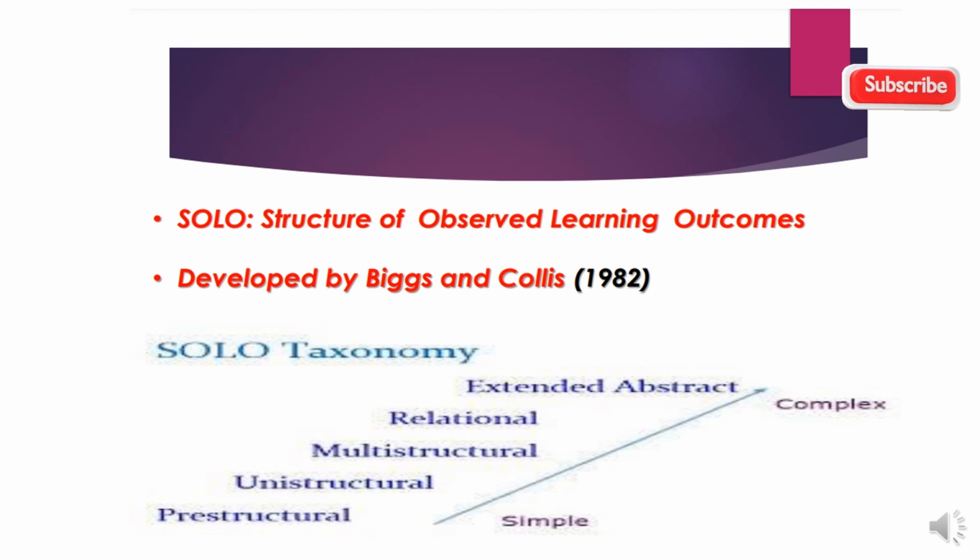In the SOLO taxonomy, the first step is pre-structural, the next step is unistructural, the next is multistructural, and the next is relational. The last one is extended abstract. So from the first to the last, they go from the simple to the complex.